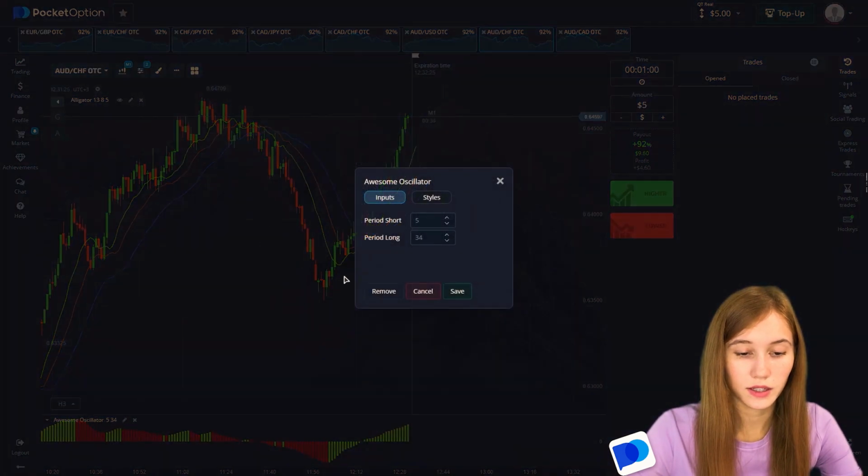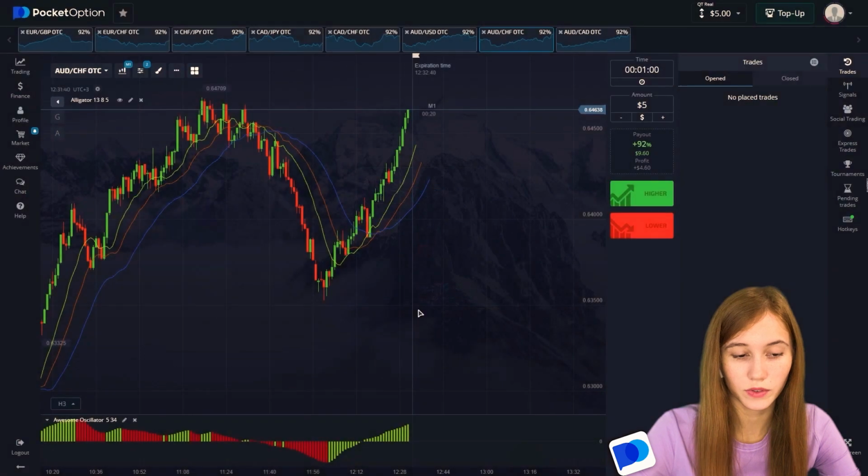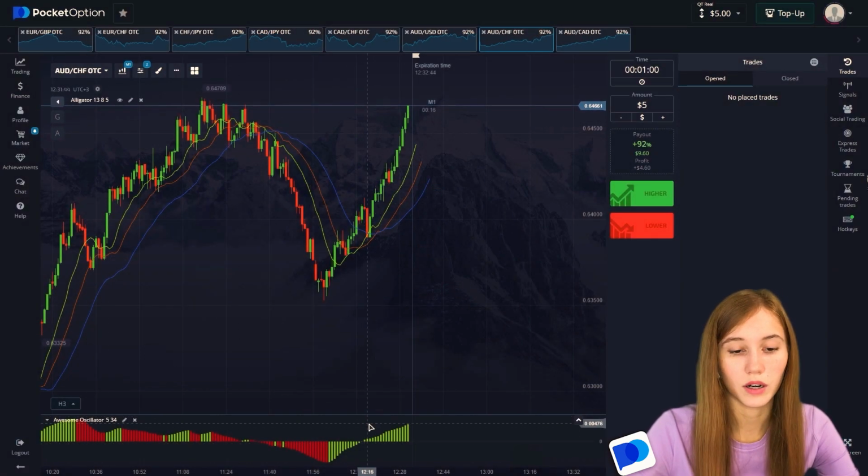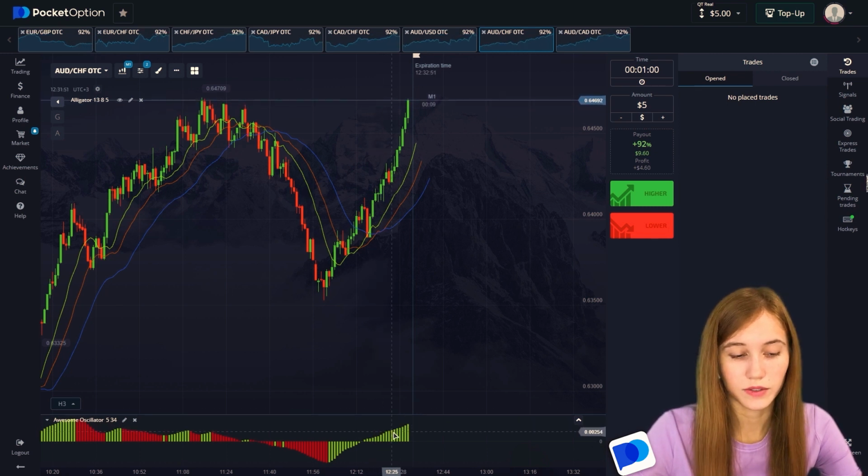And the second indicator, the oscillator, is located at the bottom of the screen. I won't show its settings for long. This is an indicator that mirrors the mood of our market. It shows what the market is at the moment. Thanks to this indicator, you can determine whether the market is bullish or bearish.